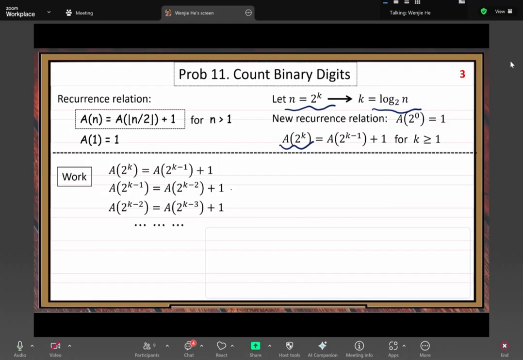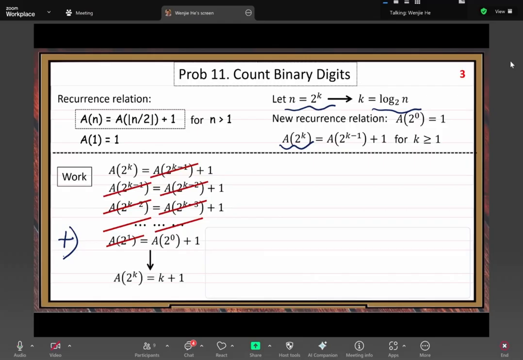We keep writing all these recurrence equations, all the possible ones. Then, if you add up all these equations, both sides, you can cross out the terms from both sides in this way. So they cancel out like that.